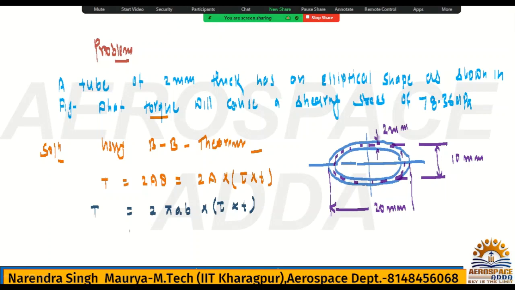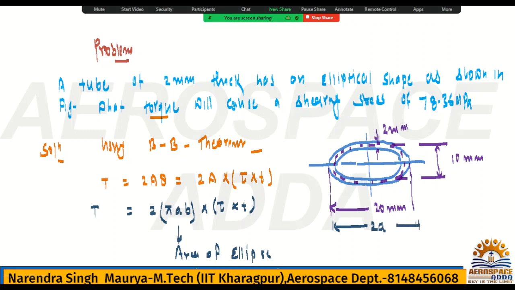Pi a b is the area of the ellipse, remember it. Here a is the semi-major axis, and it is not the full axis, the full length is 2a.